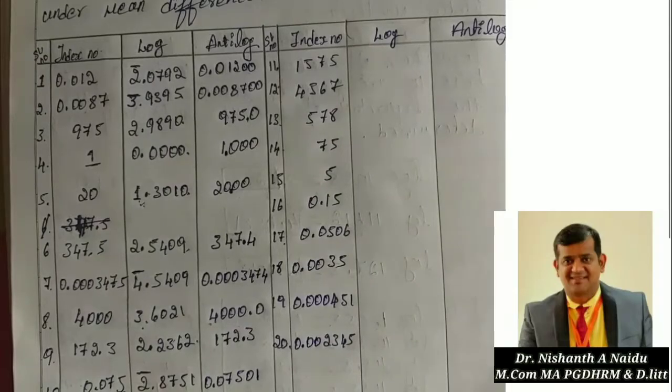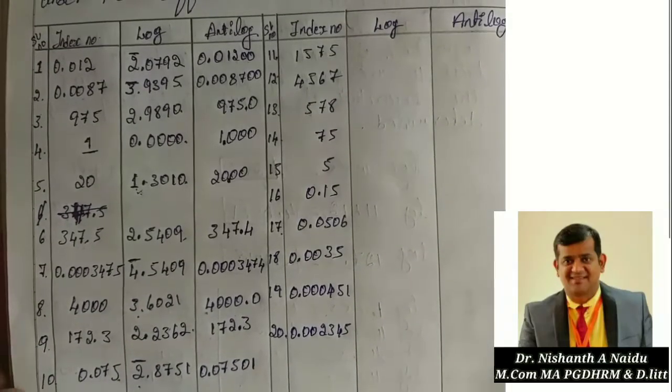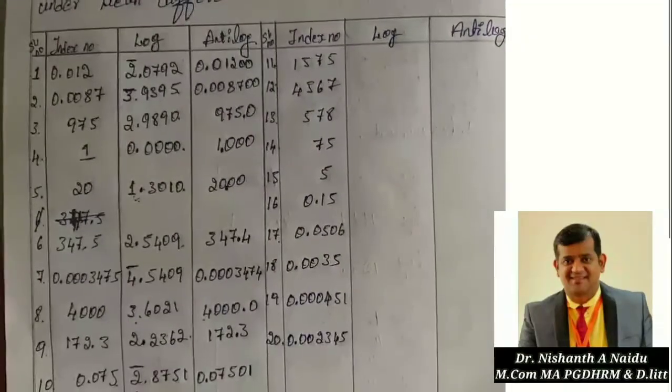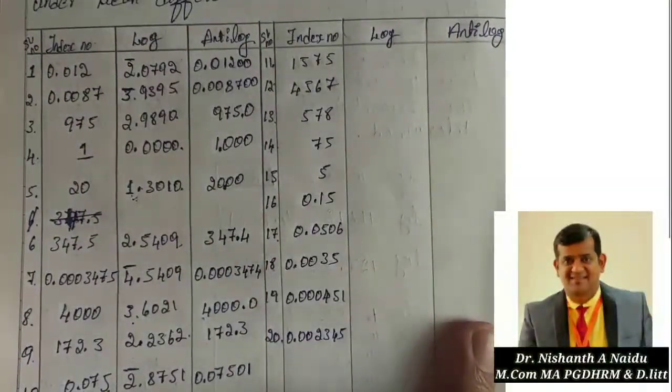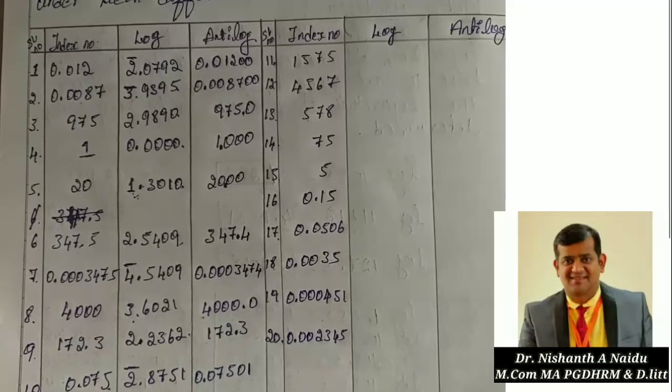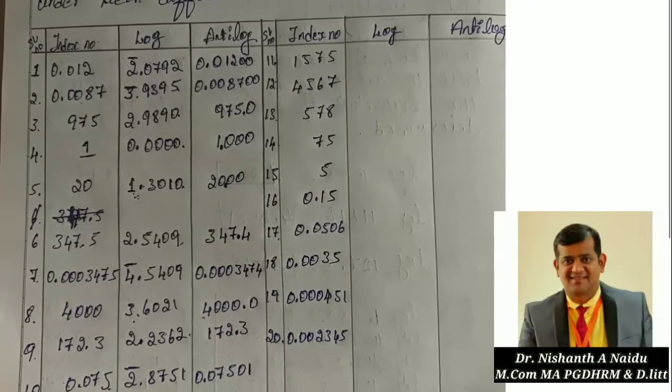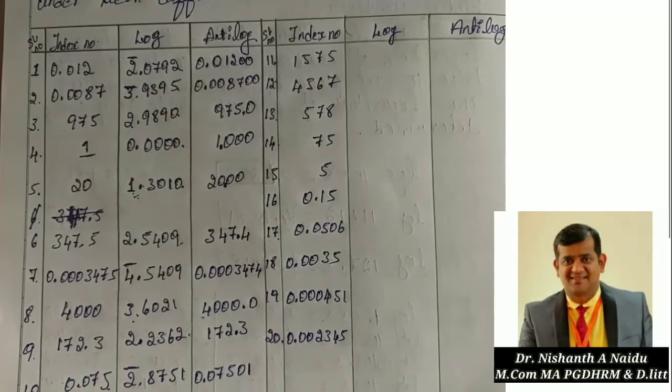Okay, now it is your duty to identify the log value for these numbers and the anti-log value for these numbers. So you bring it in the next session. We will continue in the next session. You have to send me the pictures through WhatsApp after identifying the log and anti-log values.